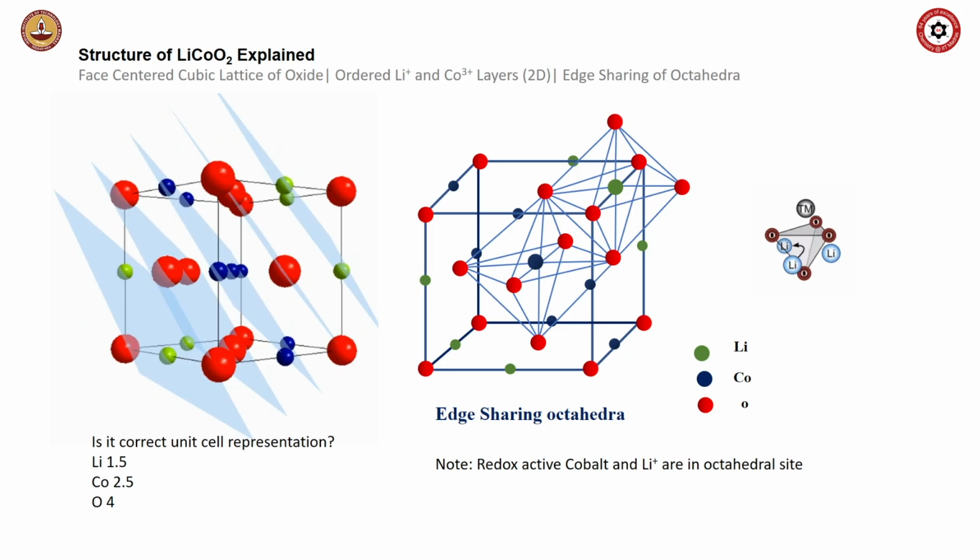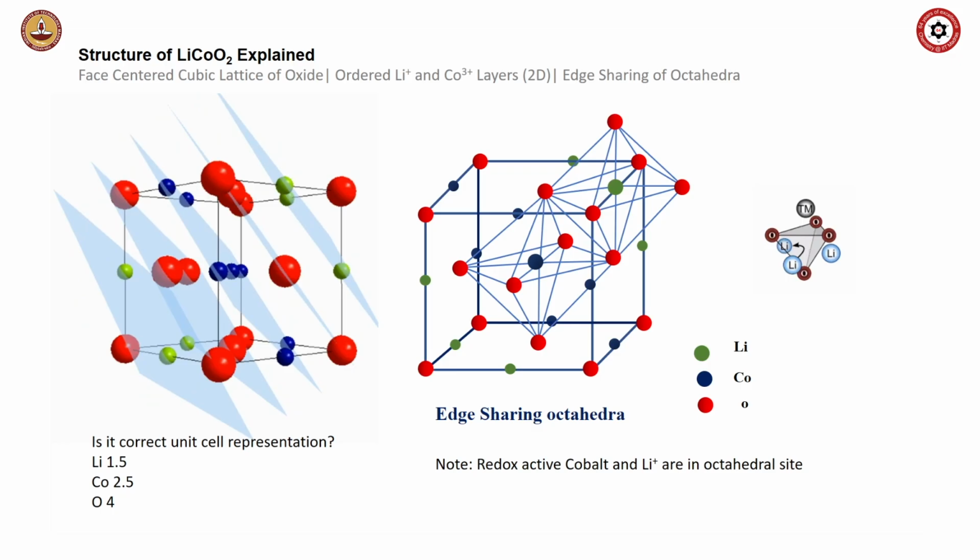This 3 will be taken by lithium, and this taken by cobalt, and this taken by lithium. Correct, no? So you have a layer. In between the layer, you have oxide. The red ones are oxide.